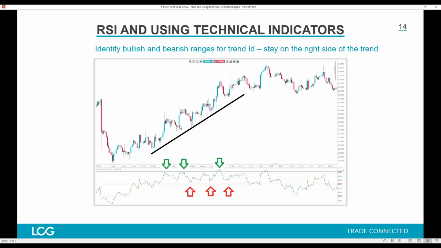But if your entry trigger to the top side in an uptrend happens and RSI has just pulled back to around the 50 level, that's often a good value place to be buying in an uptrend. So it's these red arrows here that we're focusing on, the dips to the 50, 55, 60 level in the RSI, rather than the hardcore oversold condition, which just isn't going to happen in an uptrend, right?